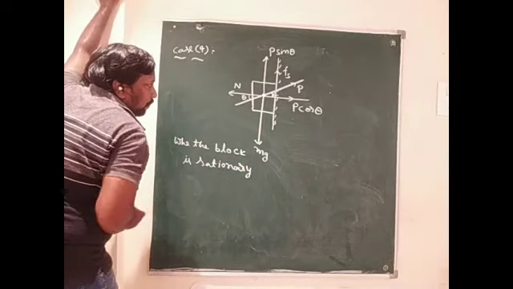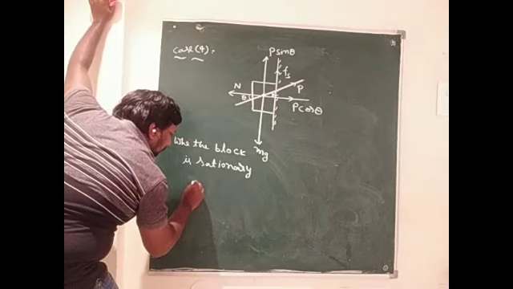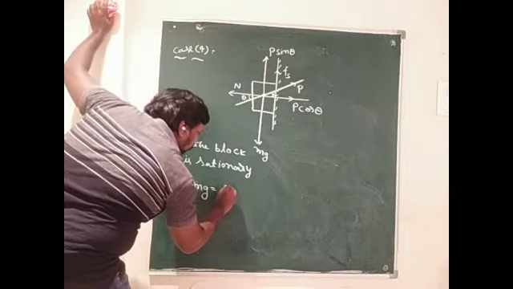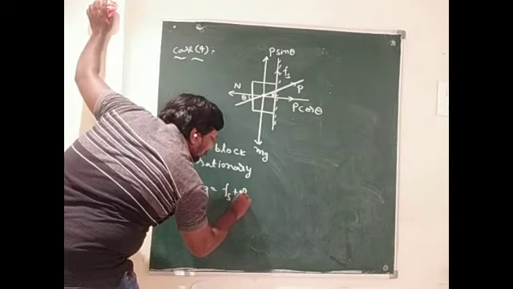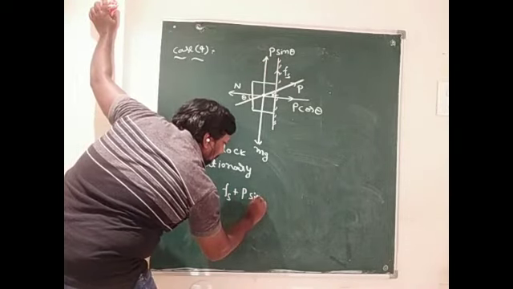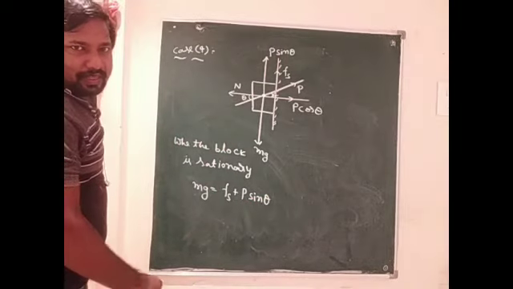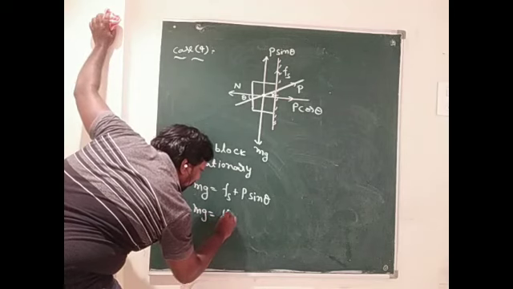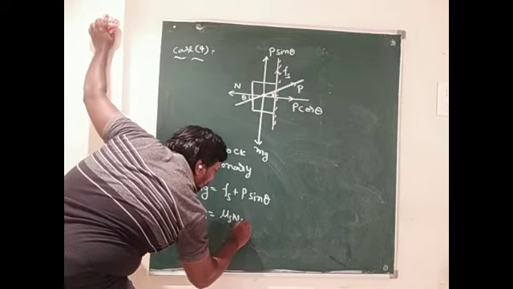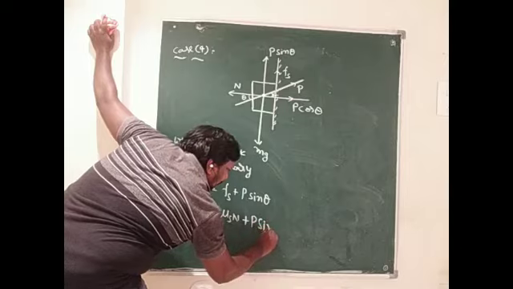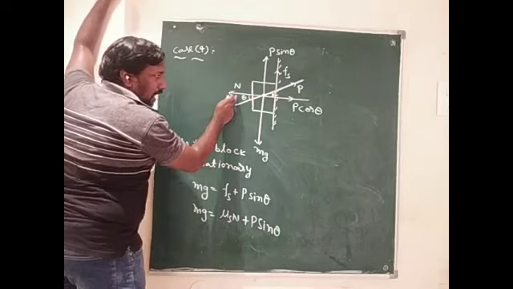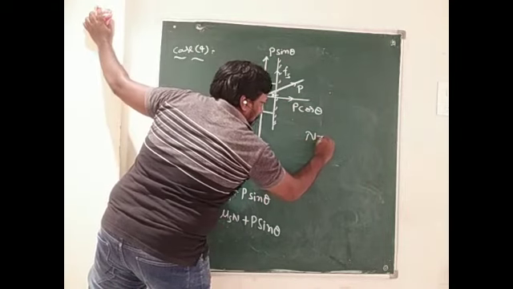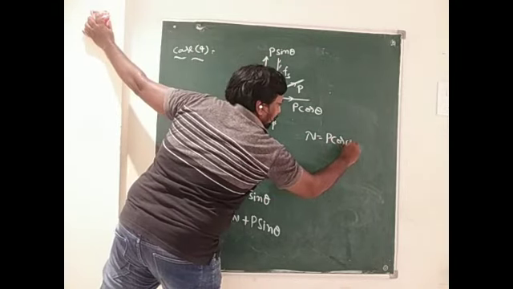So here the downward force is mg, the upward force is Fs plus P sin theta. So therefore mg equal to Fs, that means mu s into N, plus P sin theta. So here normal reaction is balanced to the P cos theta.